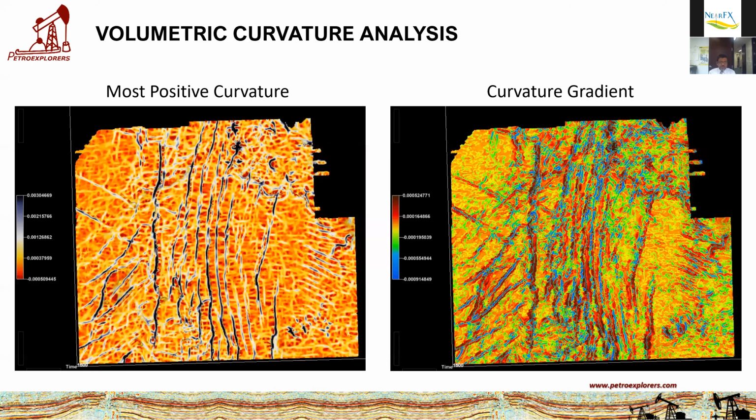If you look at the structure like most positive curvature, you can almost see very defined faults. But if you look at it very closely, they would be displaced on the upper side of the fault rather than the lower side. Most negative curvature will be on the lower side of the fault, on the hanging wall side, versus the footwall side, which would be the most positive curvature.